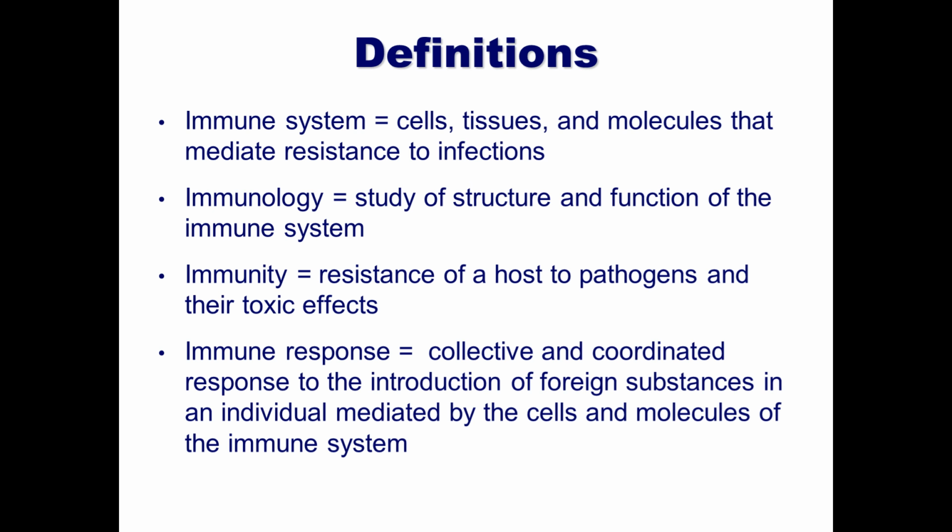The cells, tissues or molecules which react when some foreign antigen or molecule interacts with our body, and our body reacts towards those foreign molecules, that is known as the immune system. Clear?